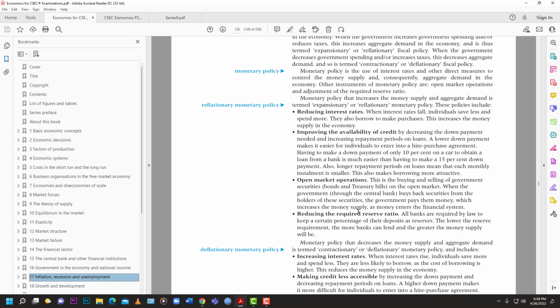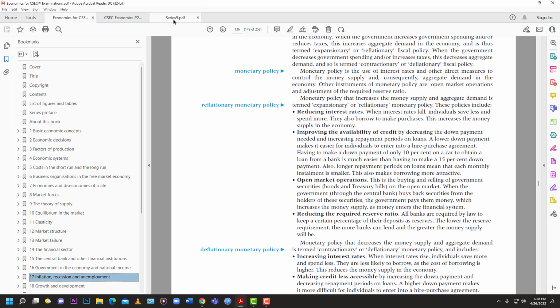Remember again, banks borrow from the central bank at times. So what they would do is decrease the down payment that the bank needs, what they have to keep back, and maybe increase the repayment period of the loan. Sometimes they have to extend the period. And what this means is that the banks would have more money available to allow for more lending.